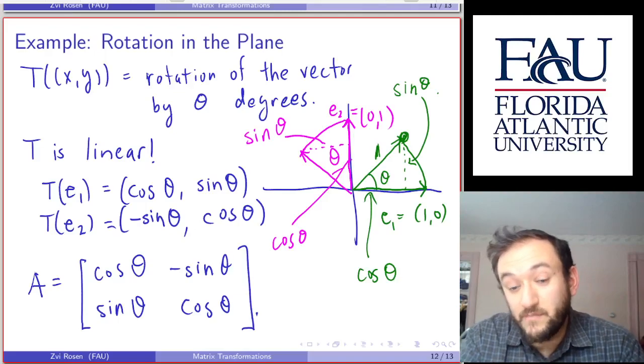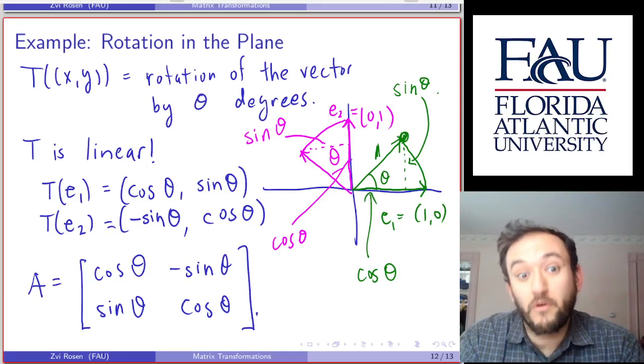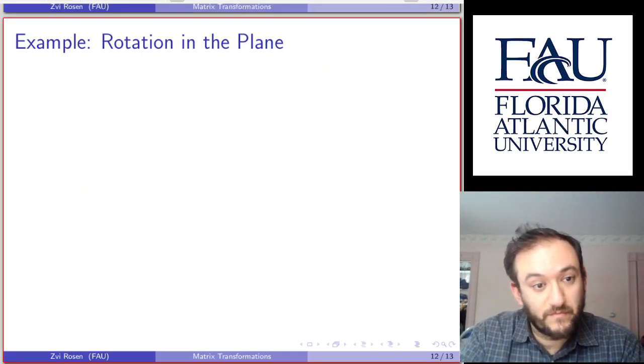Now we can use this matrix to get a formula for the rotation of a vector.